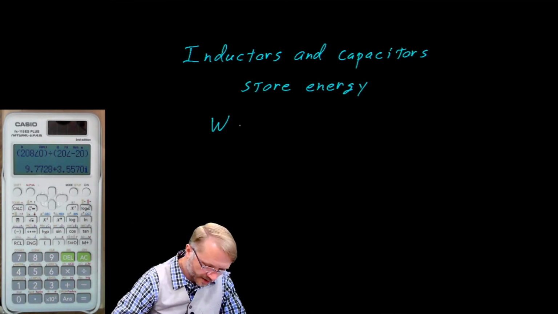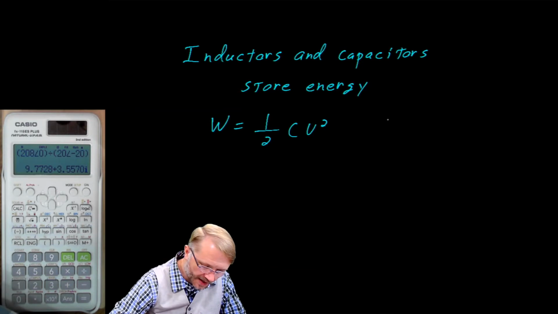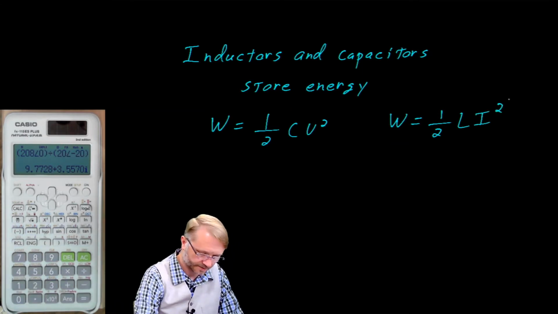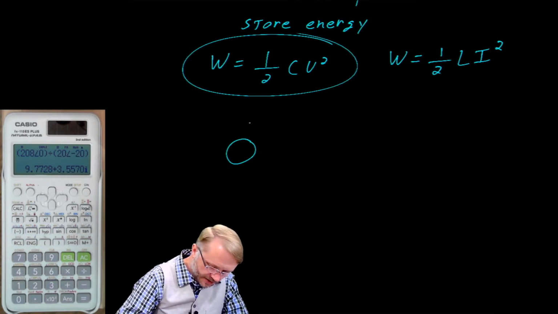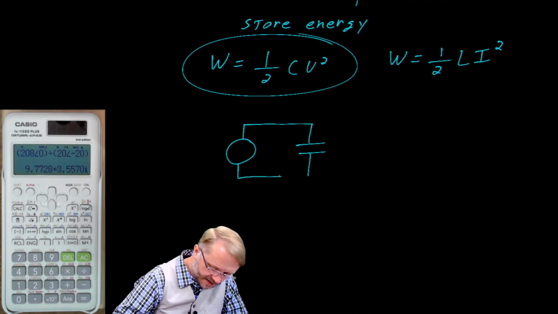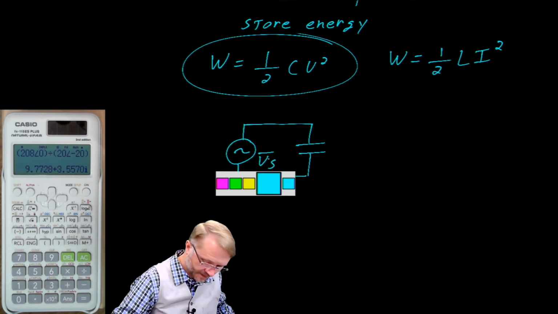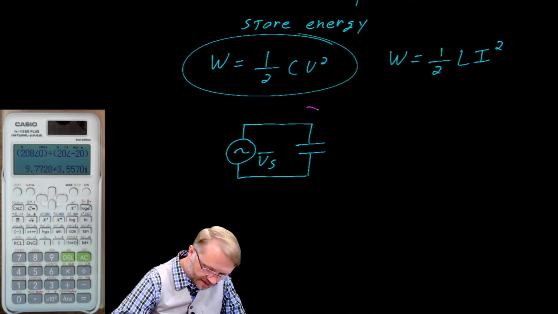The work on a capacitor is 1/2 the capacitance times the voltage squared, and the amount of energy or work on the inductor is 1/2 the inductance times the current squared. Suppose we took a capacitor and connected it directly across an AC source. Source voltage, and then we'll let this be the current.